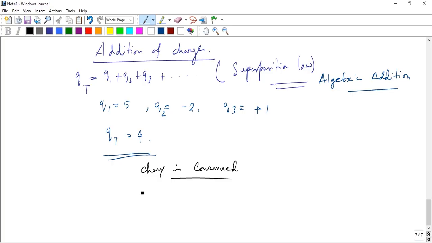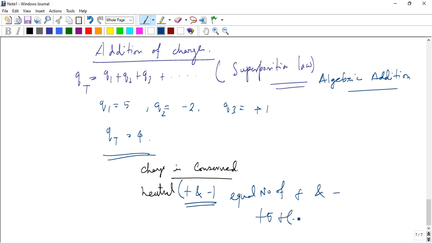Neutral means an equal number of positive and negative charges. Plus 5 and minus 5, by algebraic addition, we get 0, which means neutral. So charge is neither created nor destroyed.